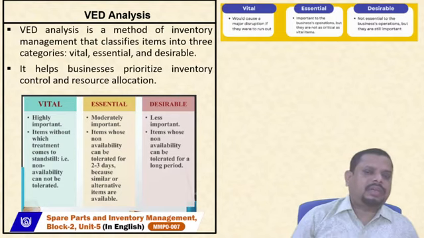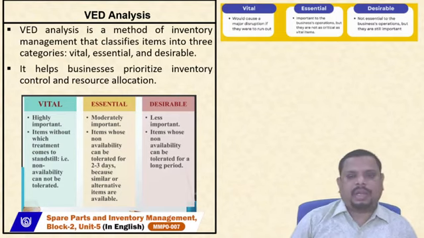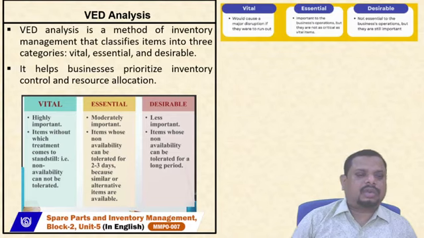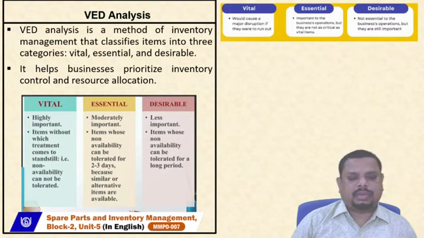Essential items are moderately important: items whose non-availability cannot be tolerated for 2 to 3 days because similar alternative items are available. Desirable items have less importance: items whose non-availability can be tolerated for long periods.